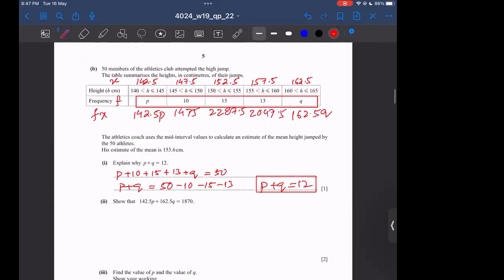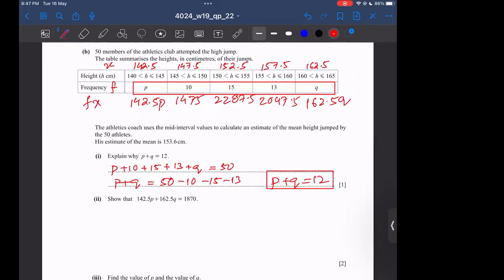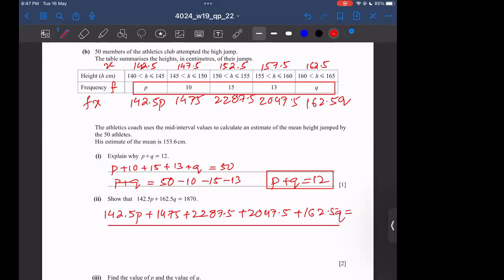Now add all of these. 142.5 P stays as it is, plus 1475 plus 2287.5 plus 2047.5 plus 162.5 Q, divided by the number of frequency, that is 50.